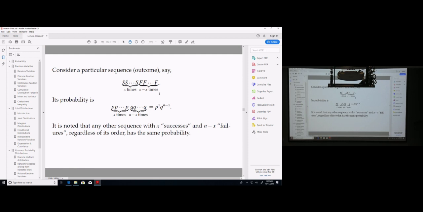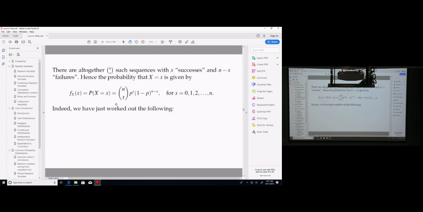But among those S, S1, S2, up to S sub x, if you erase the subscripts, the labels, the S will not be distinguishable. Among them, there will be x factorial ways of rearranging them. Because of this, you think of it as only one such case, rather than x factorial cases. So this is equal to n factorial over x factorial times n minus x factorial.